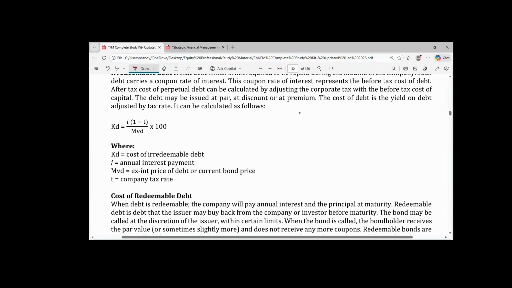So today, we are going to have examples just to demonstrate what we discussed last time under the cost of debt. Thereafter, once we are done with the examples, then we proceed to discussing cost of convertible securities.